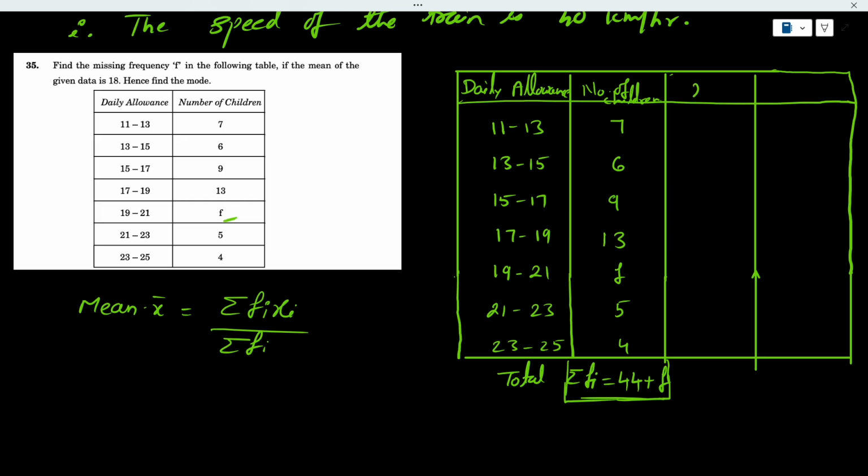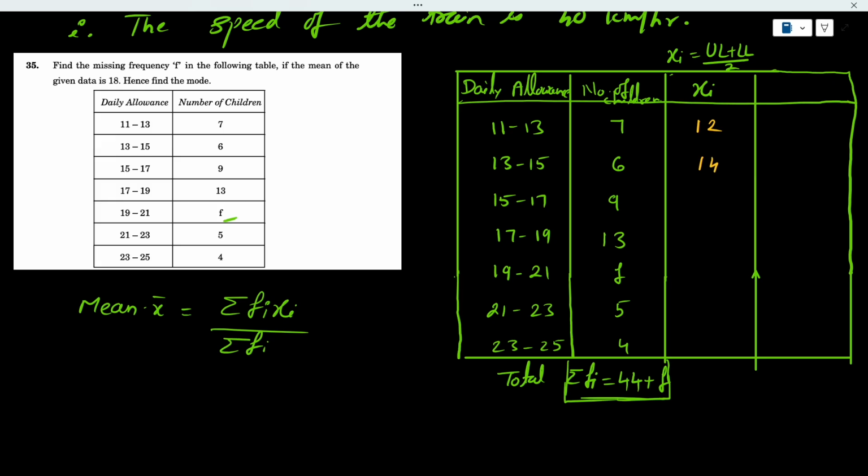Now the next column is xi, which is the mid value of the class interval. How do we get xi here? Upper limit plus lower limit by 2. This is your formula. So 11 plus 13 is 24, 24 by 2 is going to be 12, and your class width here is 2, so you can get 12, 14 in the interval of 2 also, or you add 13 plus 15, which is 28 by 2, it is 14.